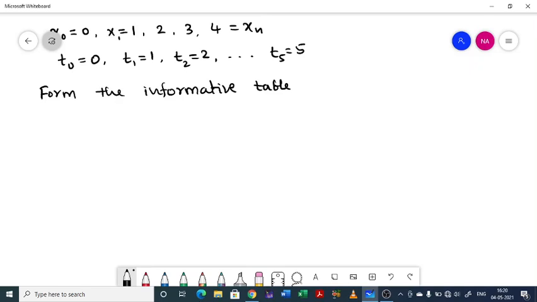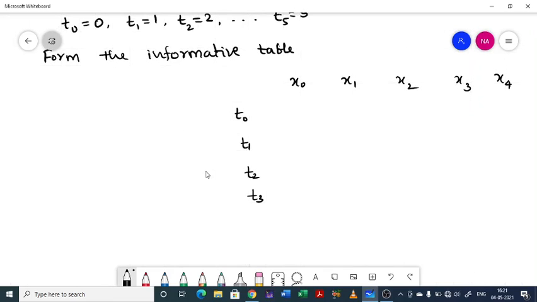Here are the values of x0, x1, x2, x3, x4. Here t0, t1, t2, t3, t4, t0, t1, t2, t3, t4, t5.